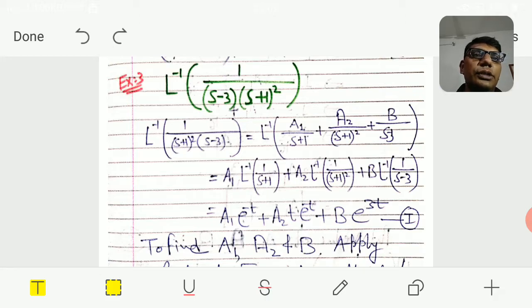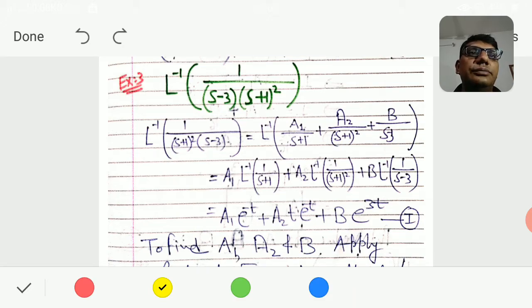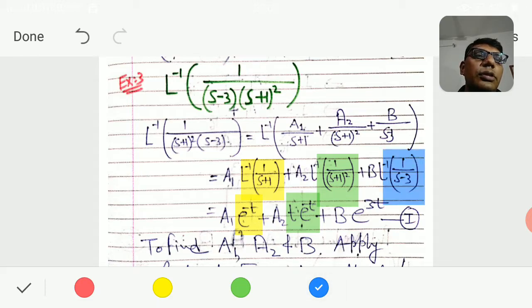Now we know the inverse Laplace of this portion. L inverse of 1 upon s plus 1 is e raised to minus t. Now L inverse of 1 upon (s plus 1) the whole square equal to t into e raised to minus t, and L inverse of 1 upon s minus 3 is equal to e raised to 3t.